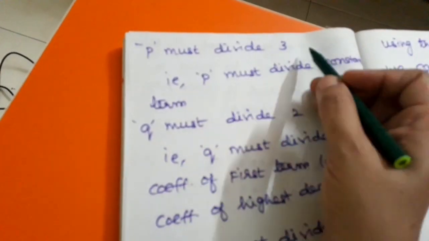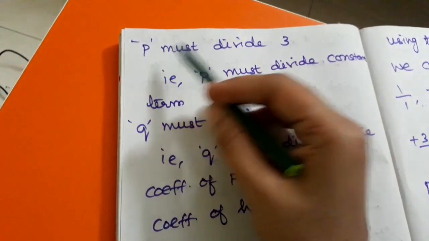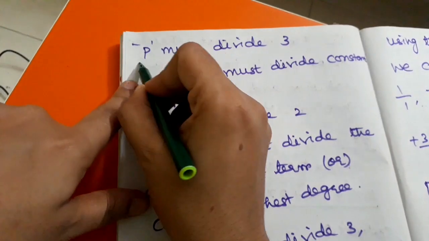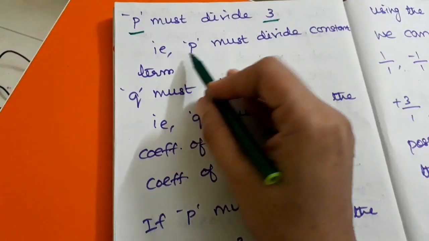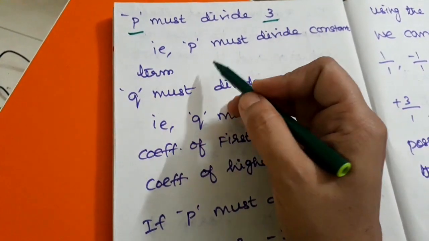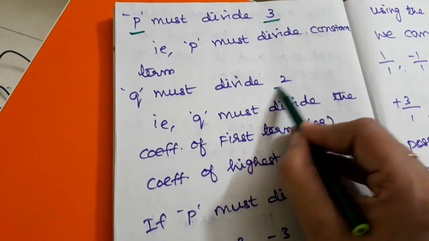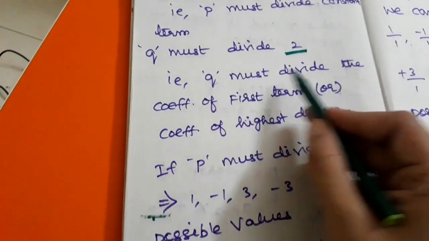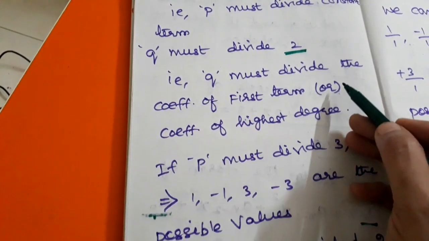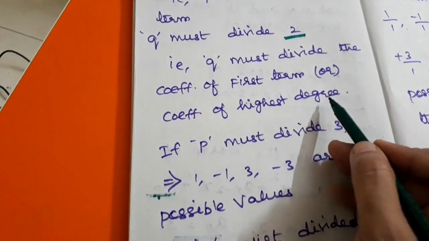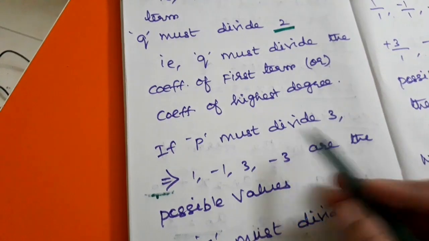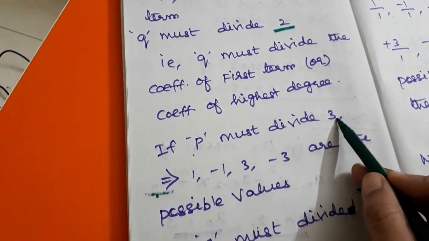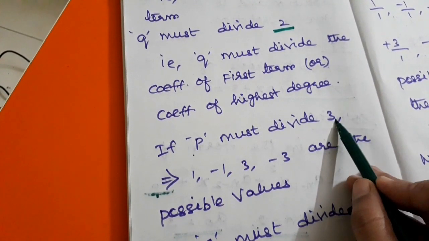That is, p must divide the constant term 3, and q must divide 2, that is, q must divide the coefficient of the highest degree. So in this question, p must divide 3 because 3 is the constant term.